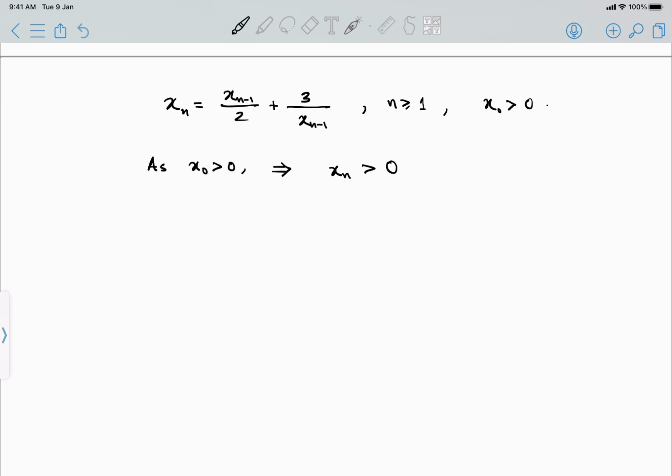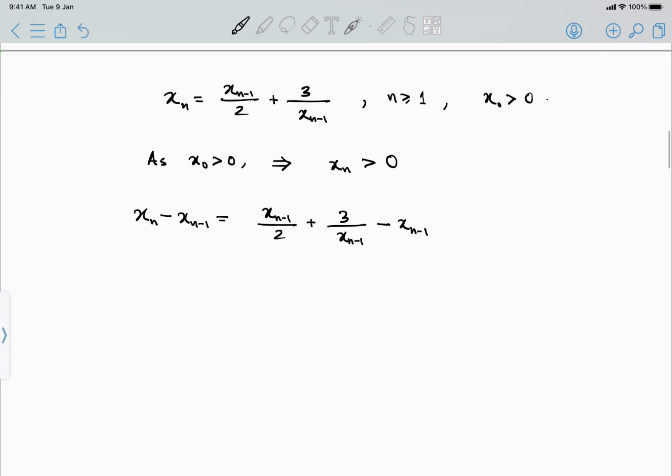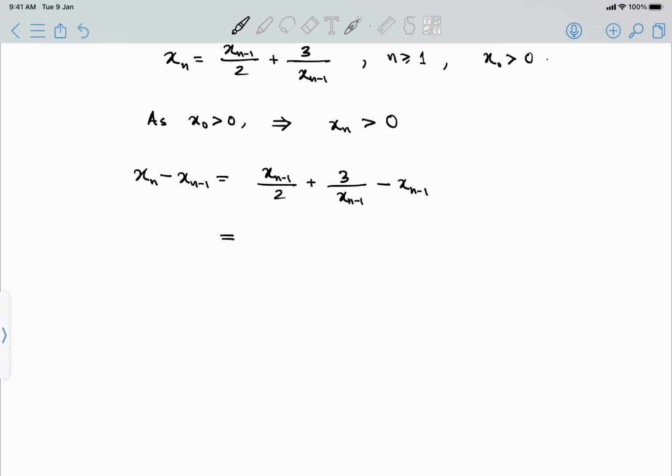Now we'll check whether this is monotonically increasing or decreasing. For that, let's check x_n minus x_{n-1}. By definition, this is x_{n-1}/2 plus 3/x_{n-1} minus x_{n-1}.